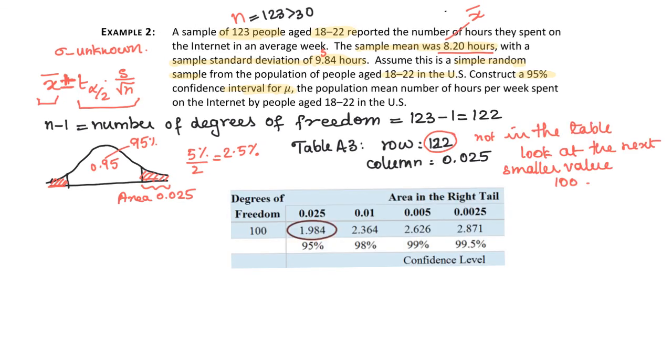So the critical value corresponding to the 95% confidence level is 1.984. So we are looking at the row which corresponds to 100 and the column 0.025 to get the critical value. Now we substitute all these values into the formula to find the confidence interval.